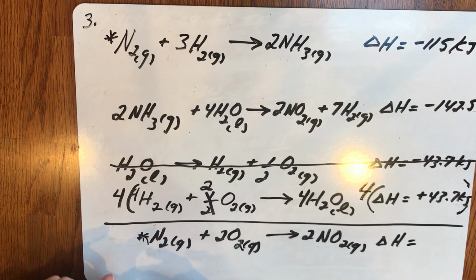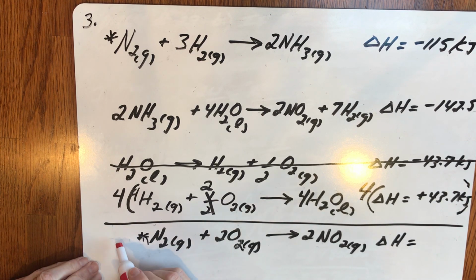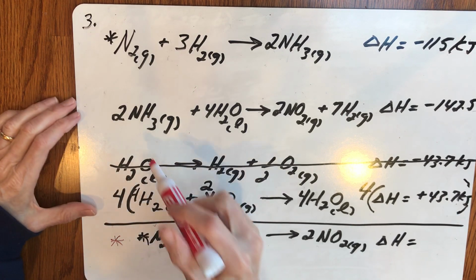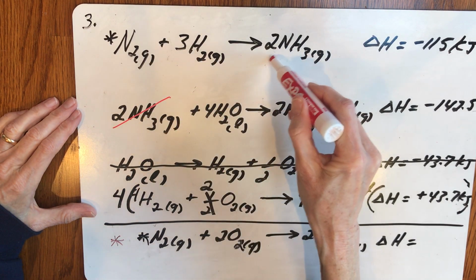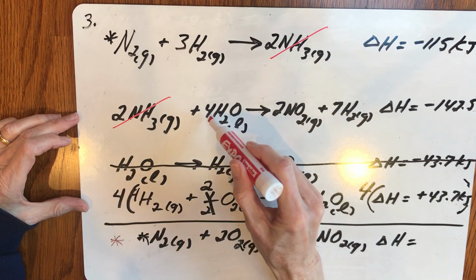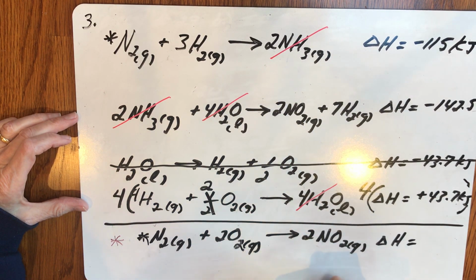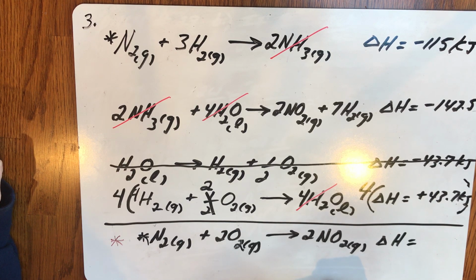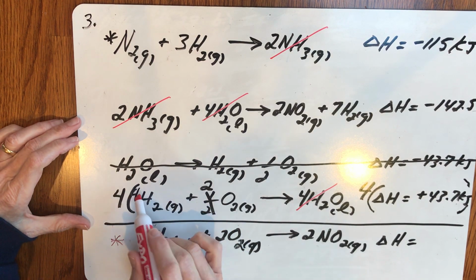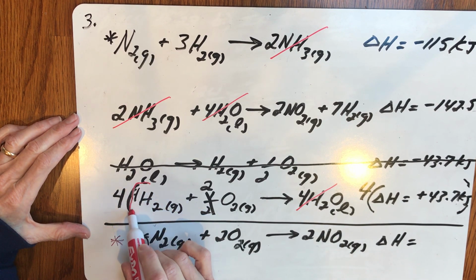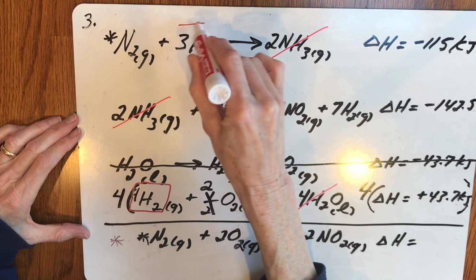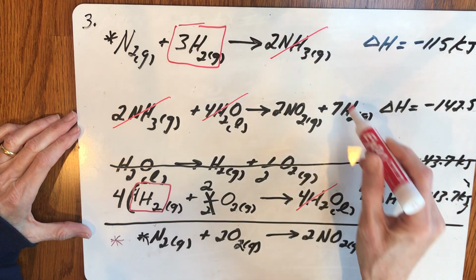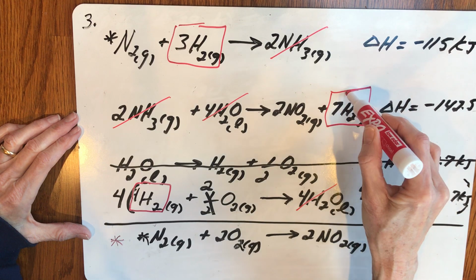So now it looks like I'm in pretty good shape to get rid of the components that will not appear in my final equation. So I'm going to cross out the 2 NH3s. I'm going to cross out the 4 H2Os. I'm also going to get rid of, all right, here's an interesting occurrence. I have 4 H2s here, I have 3 H2s here, and 7 H2s on this side.